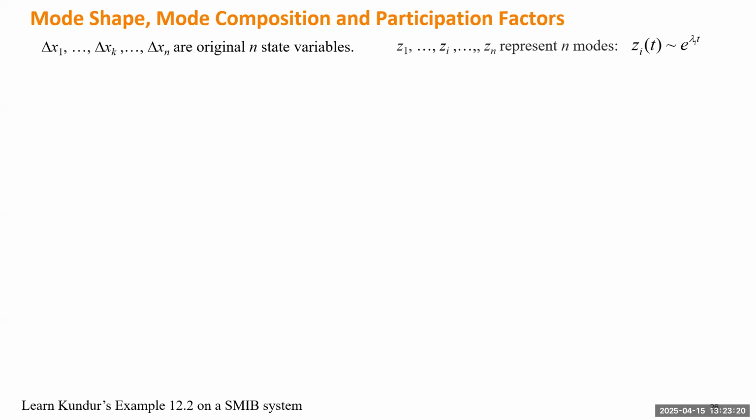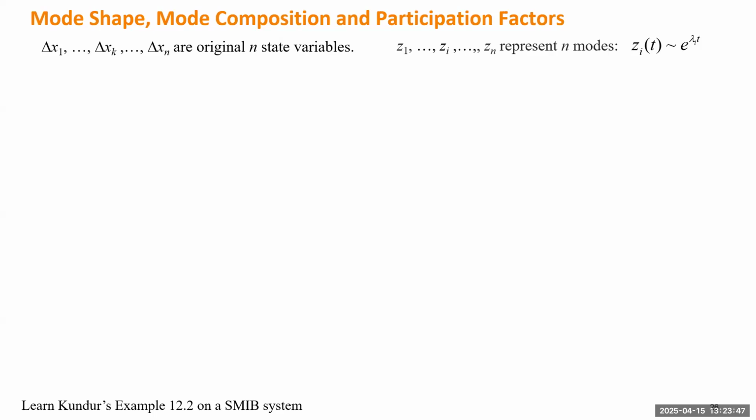So now the question is, what if the mode is not stable, or not very stable? We want to find useful information to understand the shape of the mode, the composition of the mode, and the participation of a state variable in the mode. So we have to introduce three very useful concepts to categorize everything about this mode only from those eigenvectors.